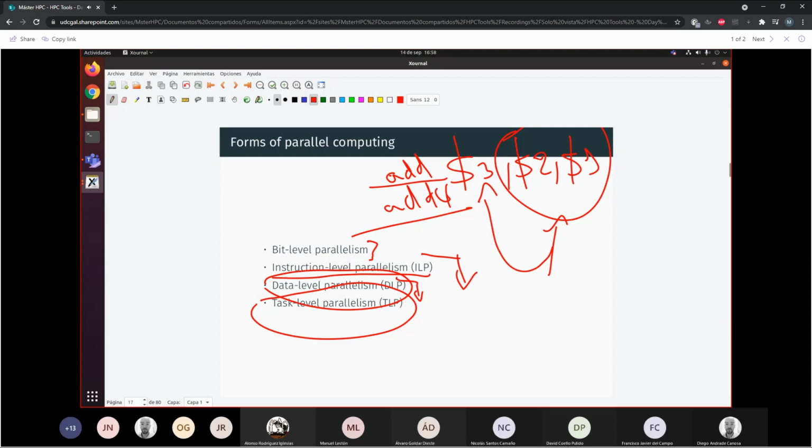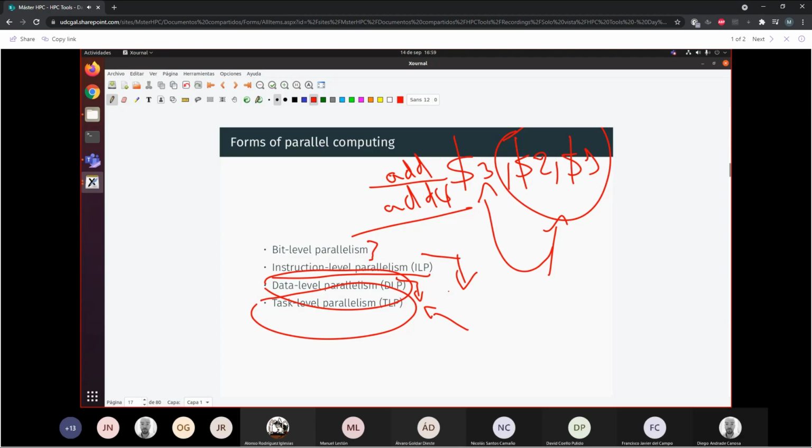In order to do this, you need to exploit task level parallelism. You can assign one task to one of the cores, another task to another core, and so on. That will be the way you split the job between the cores of the computer.